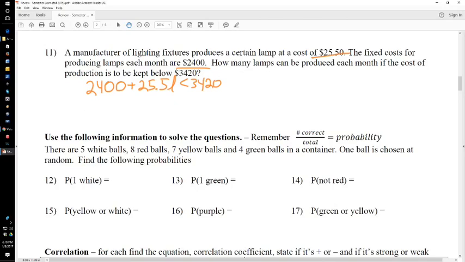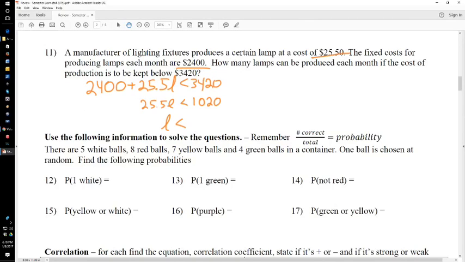So solve. Subtract 2400. So you get 25.5 L. 3420 minus 2400 is 1020, so that's less than 1020. Divide by 25.5, and you get L is less than, again, I don't feel like doing that in my head.